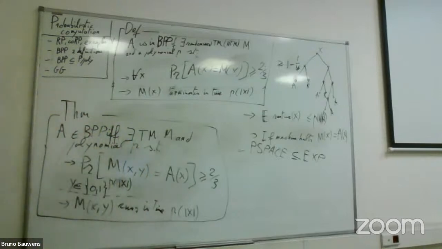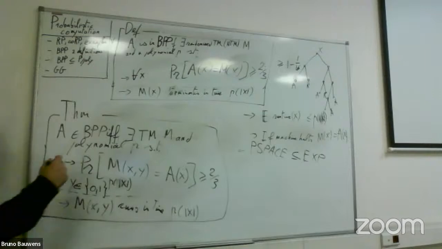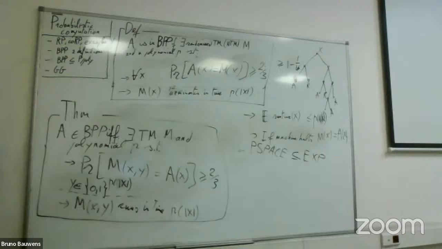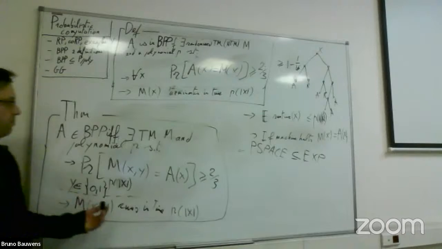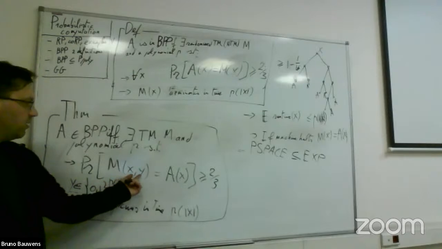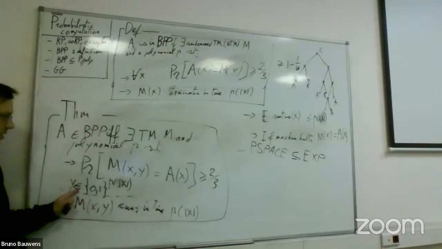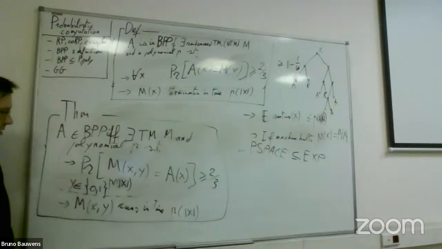What's the meaning of the Y? We consider polynomial time Turing machines with two arguments, and Y is randomly chosen among the bit strings. It's clear how the certificate is helping us check whether the word is in the language, but it's not clear how an arbitrary string can help us understand something about the word.